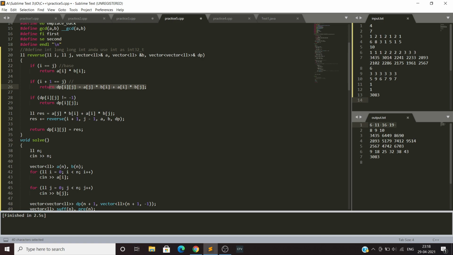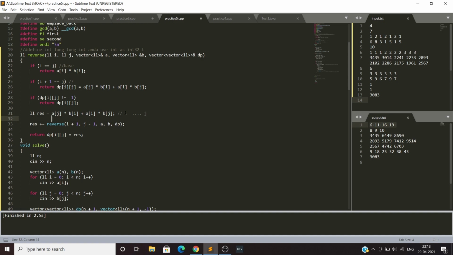Every time, we are not actually reversing the array.